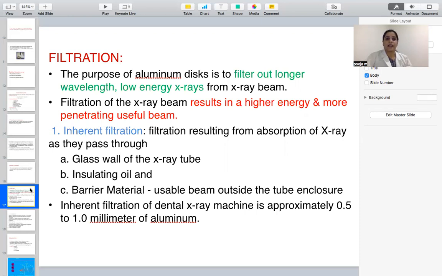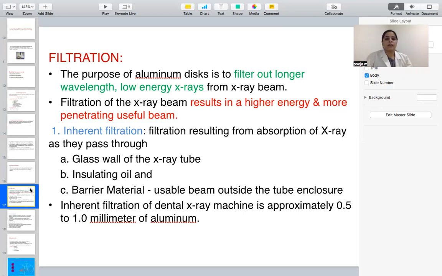As your X-ray beam has high energy photons and low energy photons, the low energy photons only contribute to patient exposure, and the high energy photons are the ones which will be reaching the patient and the film. And they are the only ones which will be helpful for forming a diagnostic image. So only these high energy photons should be reaching the film and the patient, and with the use of these filters, this can be achieved.